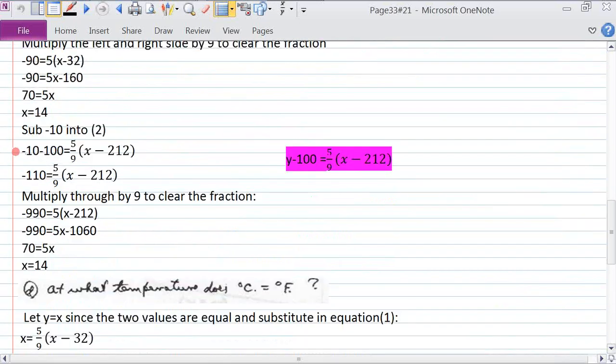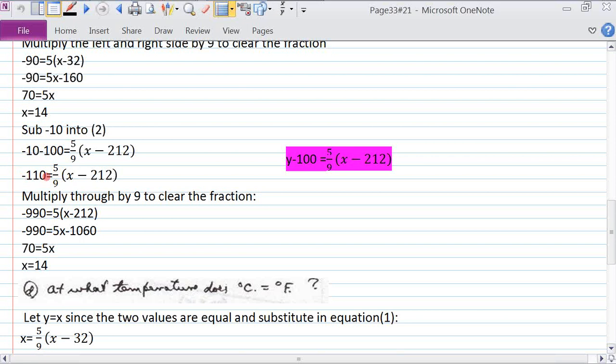Minus 10 minus 100 gives me minus 110. Here again, I've got the 9 in the denominator, and I want to get rid of that. I multiply through by 9, meaning I multiply the left and right by 9 to clear the fraction, so I have no fraction.